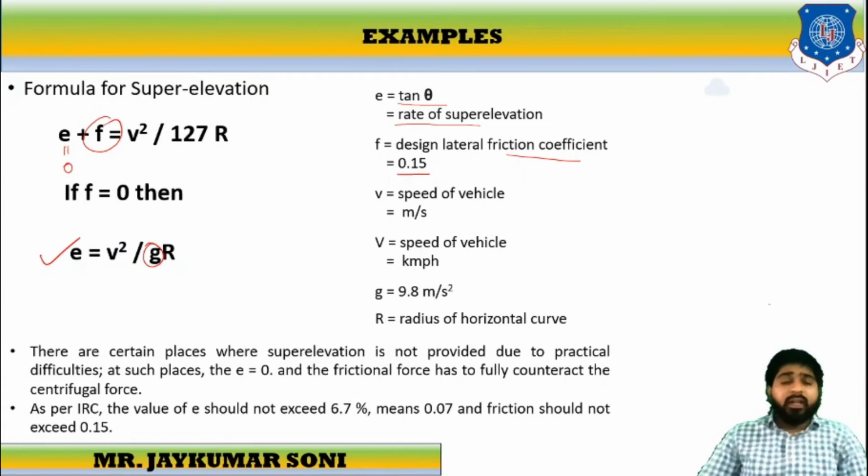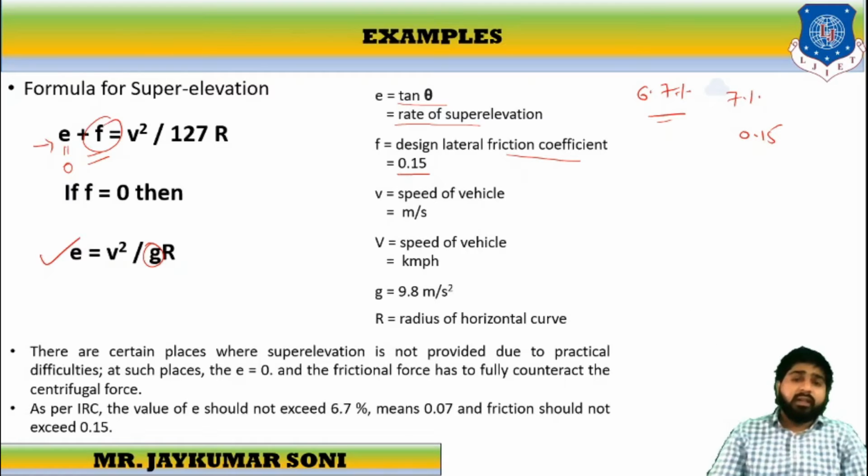It has to fully counteract the centrifugal force, because we are not providing the super elevation. As per IRC, the value of super elevation should not exceed 6.7 percent, that is approximately 7 percent, and the friction coefficient should not exceed 0.15.